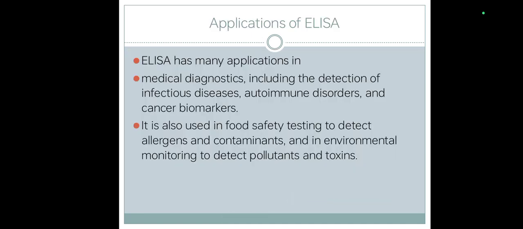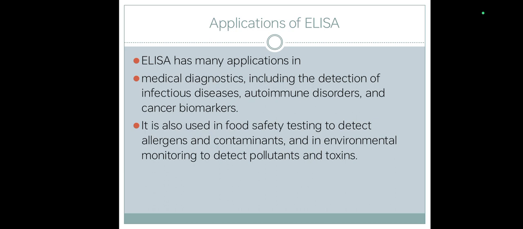Here are the applications of ELISA. As we have already learned, ELISA is really sensitive and specific. So it is used in medical diagnostics, including the detection of infectious diseases, autoimmune disorders, and cancer biomarkers.